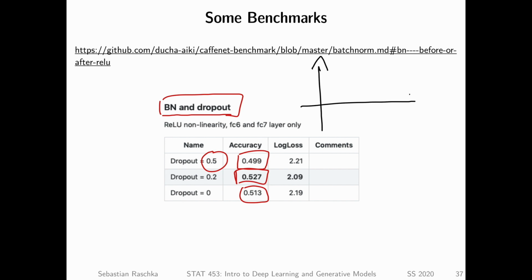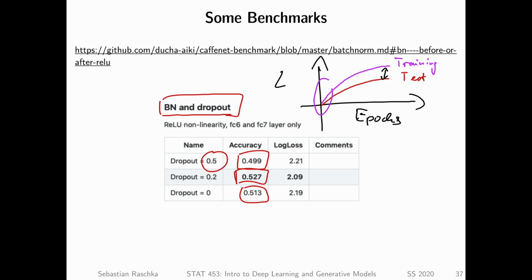So if I have the number of epochs and my loss, and let's say this is my training accuracy, and this is my test accuracy. It shouldn't be that low, but it doesn't matter. What I'm just trying to show you is this difference between training and test. So let's say without dropout, we have this overfitting going on. Now if I add dropout, I may reduce the overfitting. So let me make this dotted now.